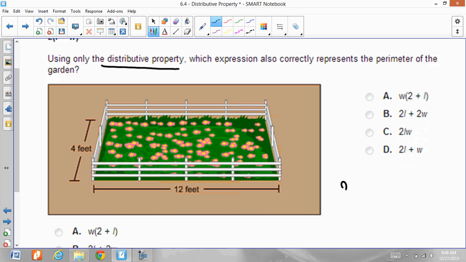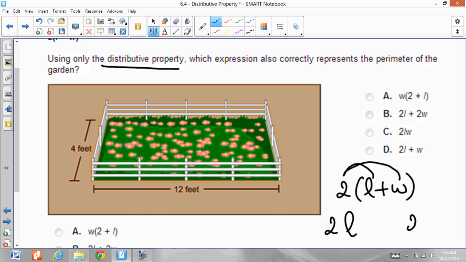So you have 2(L + W). If you apply the distributive property, 2 on the outside goes for the L, so it's going to be 2L. 2 on the outside also goes for the W to give you 2W. The plus on the inside stays with the answer. So in this case, the answer choice will be B, 2L plus 2W. So there are no calculations involved.